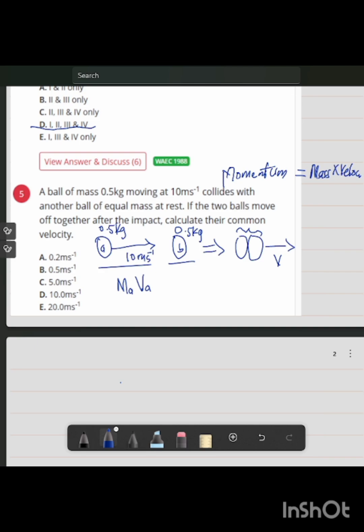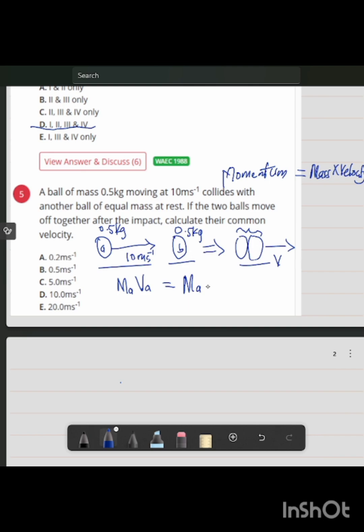So that being said, we have here would have to equal mass, because it would have to carry the mass of the first body plus the mass of the second body, all multiplied by the common velocity.